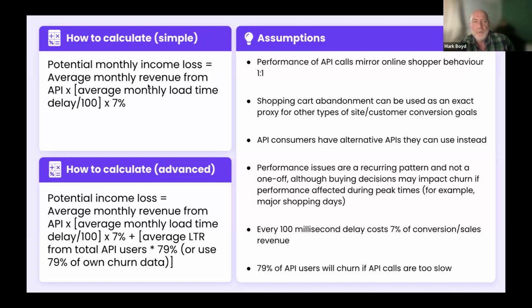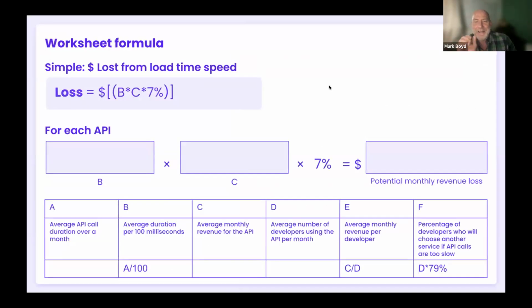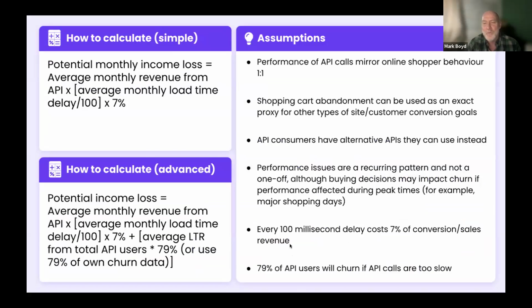We're going to do the simple calculation. It looks complicated, but it's not that bad. The loss is B times C times 7%. That's because the e-commerce research studies say that every 100 millisecond delay costs 7% of your conversions.